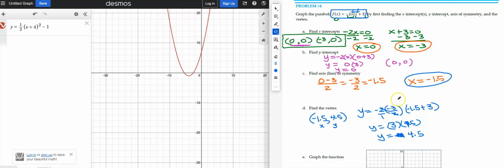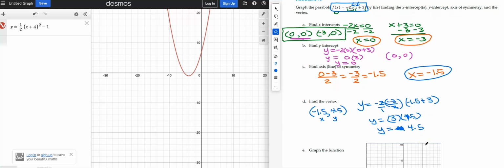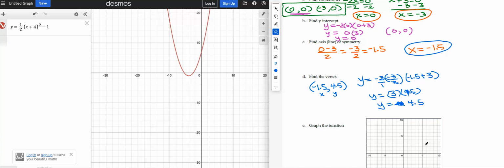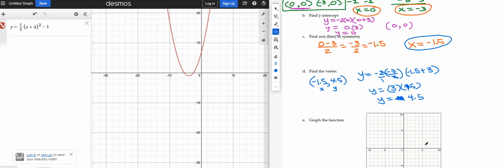Okay, and then you can just graph all of those points that we found on here and then just see what this is going to end up looking like. So let's do that. Try and get these points here.